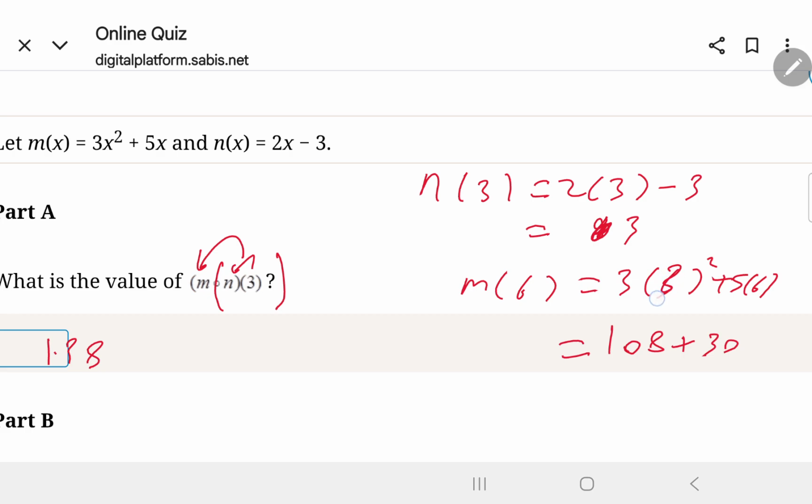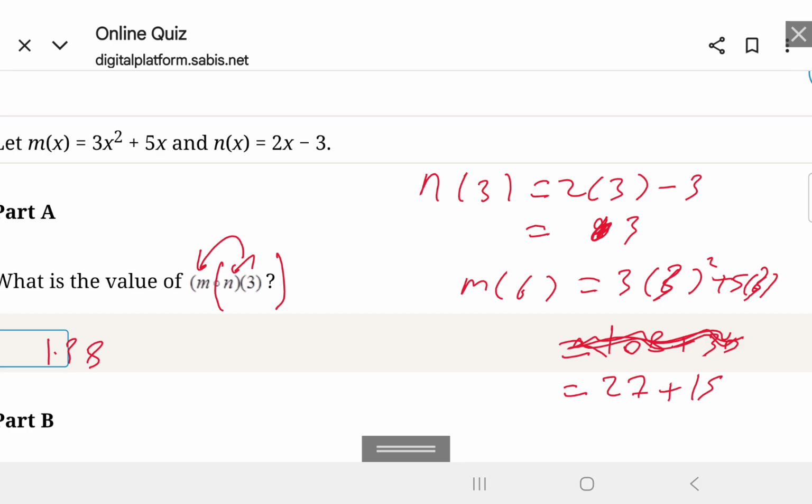So when you plug 3 here and 3 here, 3 squared is 9, times 3 is 27. So 27 plus 15. So that's what you have to do. 27 plus 15 is 42. So here you have 42.